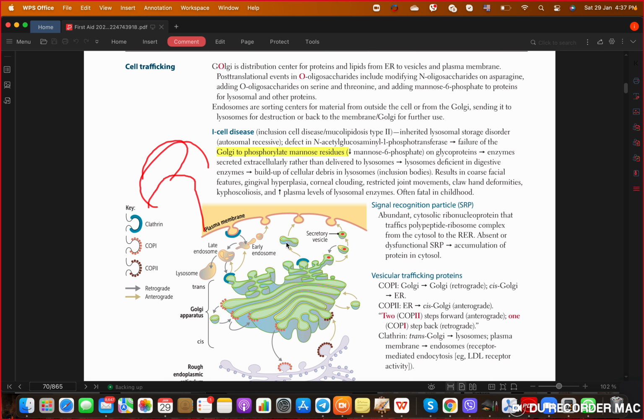So the next thing we have is signal recognition particle, which helps us move from point A to point B. It's an abundant cytosolic ribonucleoprotein that helps in the trafficking of the polypeptide ribosomal complex from the cytosol to the rough endoplasmic reticulum. What does that even mean? Basically, it helps move proteins from the cytosol to the rough endoplasmic reticulum. Why would I do that?